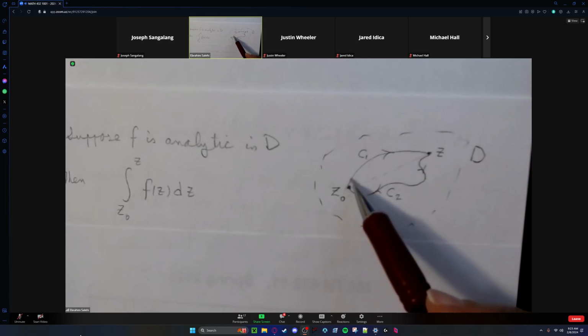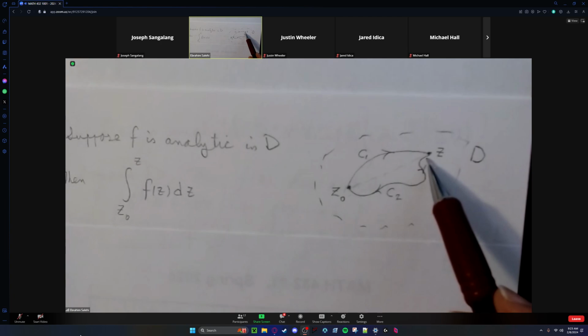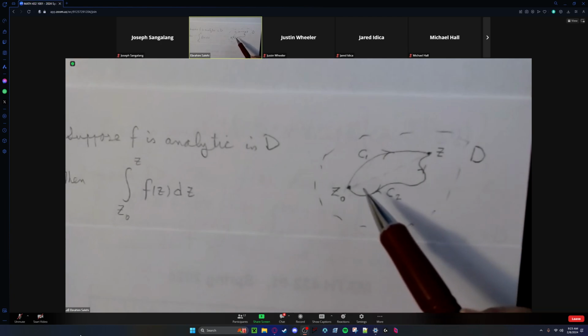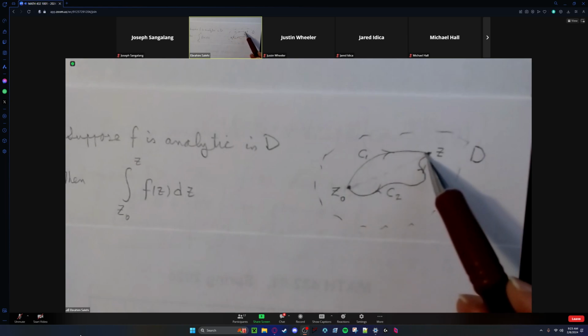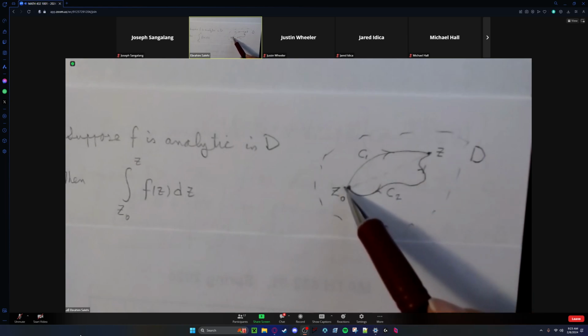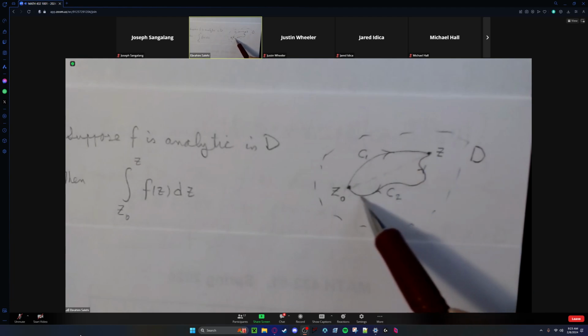Suppose you choose two curves, C1 and C2. Well, the combination of C1 and C2 will give us a closed curve, right? And we know that the integral over a closed curve is 0.